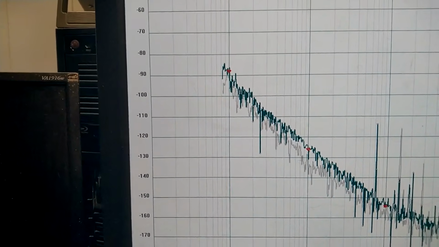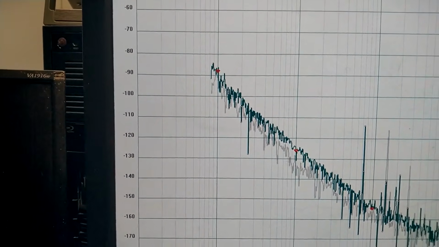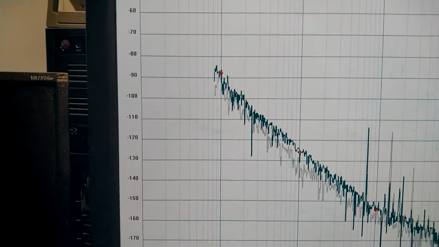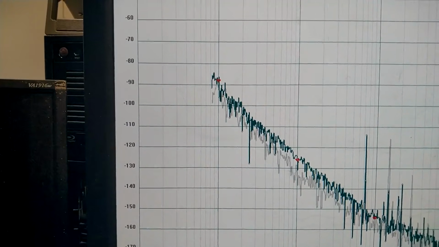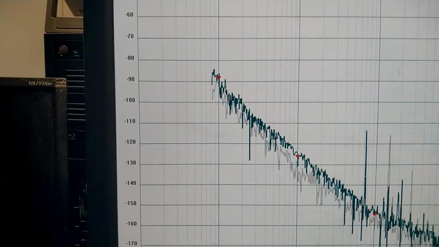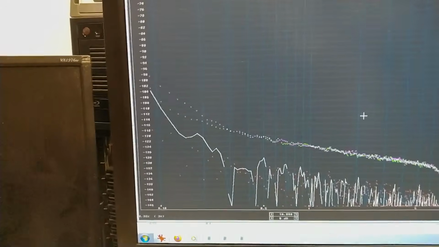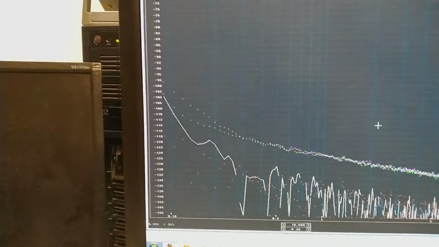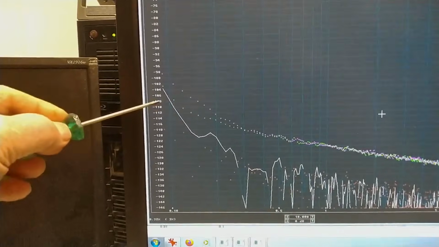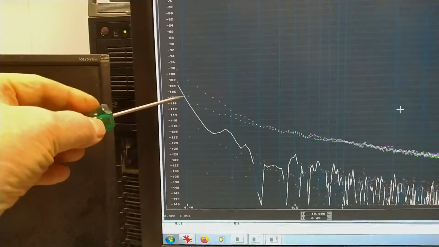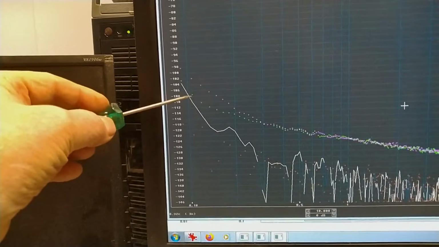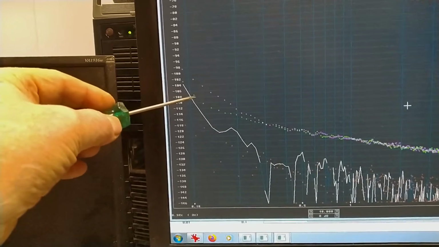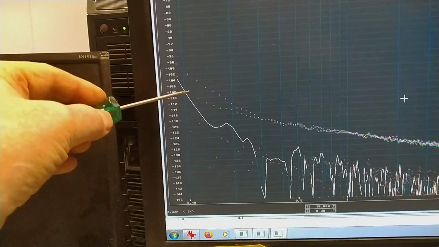But this is actually the main reason why I'm doing this video. I want better performance on my test system at close spacing, at 0.1 Hertz from the carrier. The amplitude noise at 0.1 Hertz offset is significant, -108, far below the phase noise, but very close to the amplitude noise of channel 1.